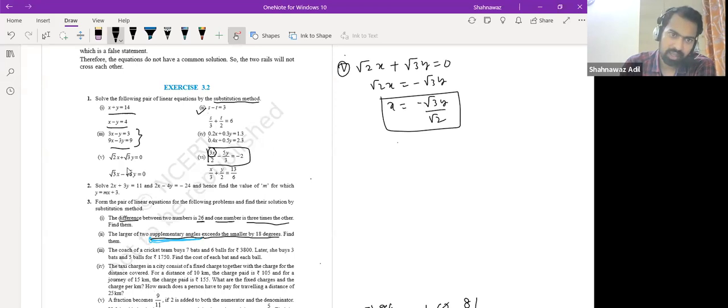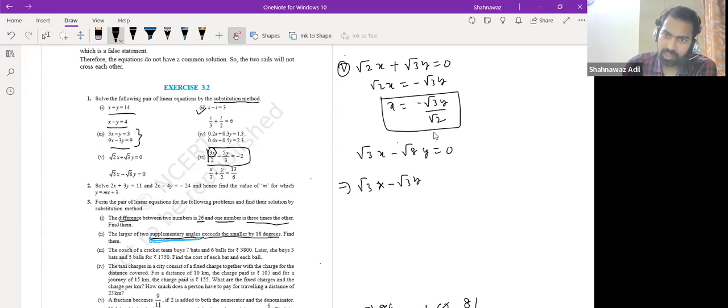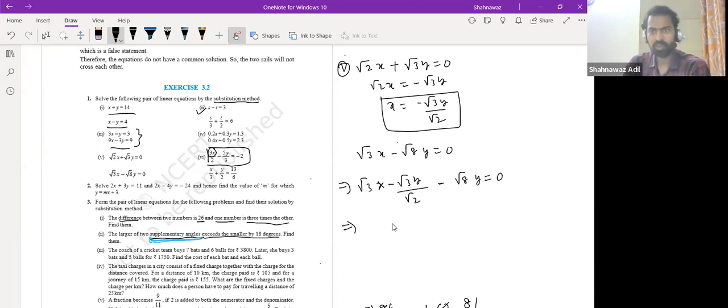This is x, and we have root 3x minus root 8y equals 0, which means that root 3 times minus root 3y by root 2, and minus root 8y equals 0.